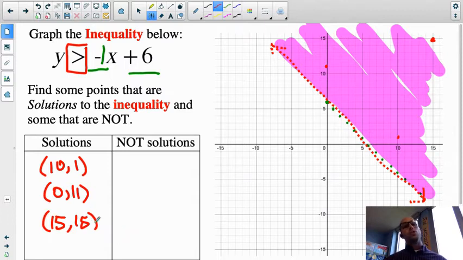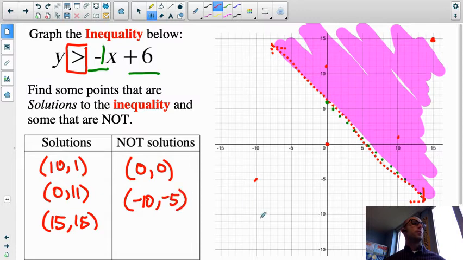All of those work, right? And if I wanted to, I could check them by plugging these in to my inequality here and testing it, making sure I get a true statement, okay? Similarly, if I want non-solutions, I need anything here. So like the origin is not a solution. -10, -5 is not a solution, okay?